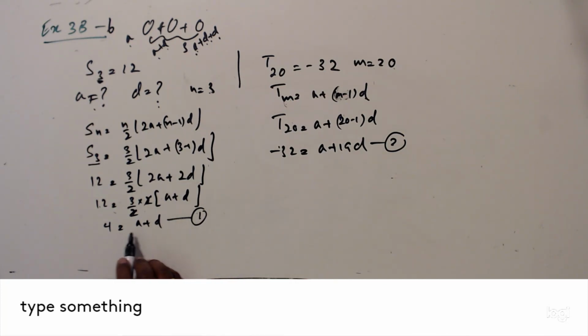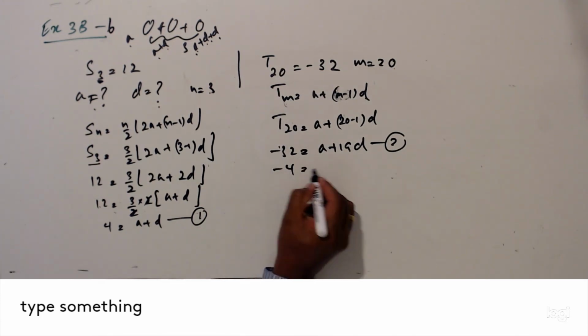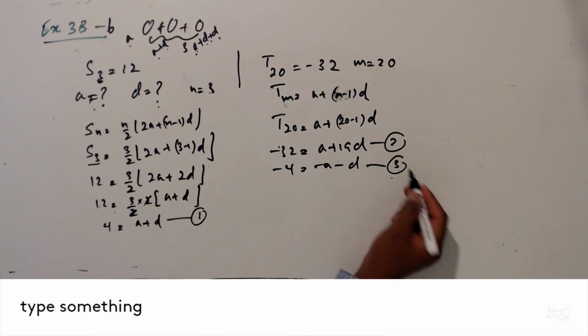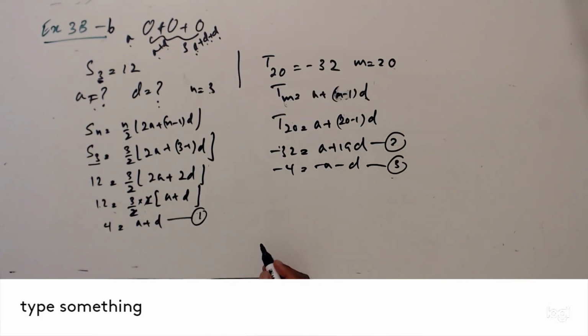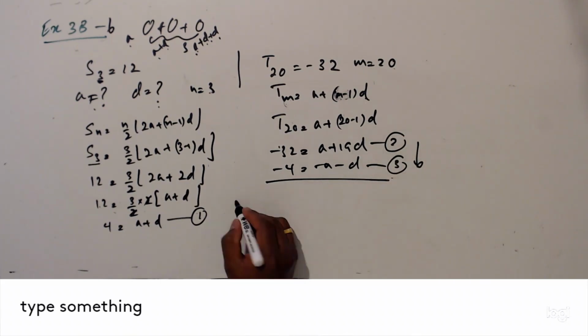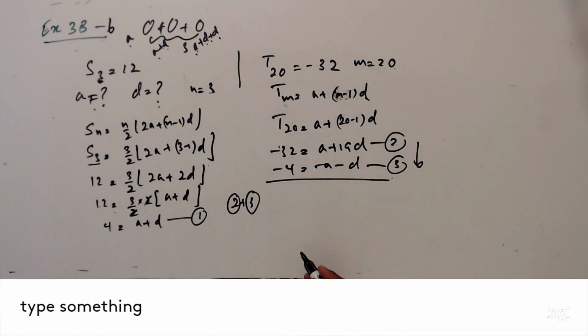This is 4 equal a plus d. So I'll multiply this equation by minus 1: minus 4 equal minus a minus d. I'll take this as equation 3. Then when I add those two together, the a cancels out. That's why I multiply by minus.